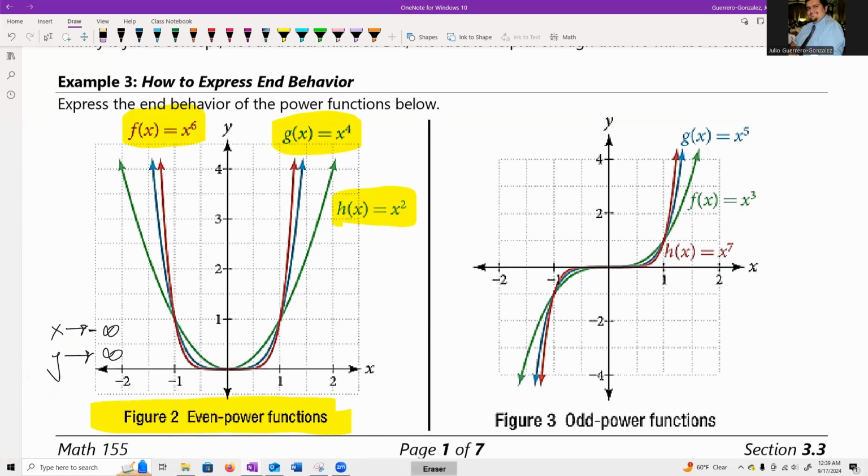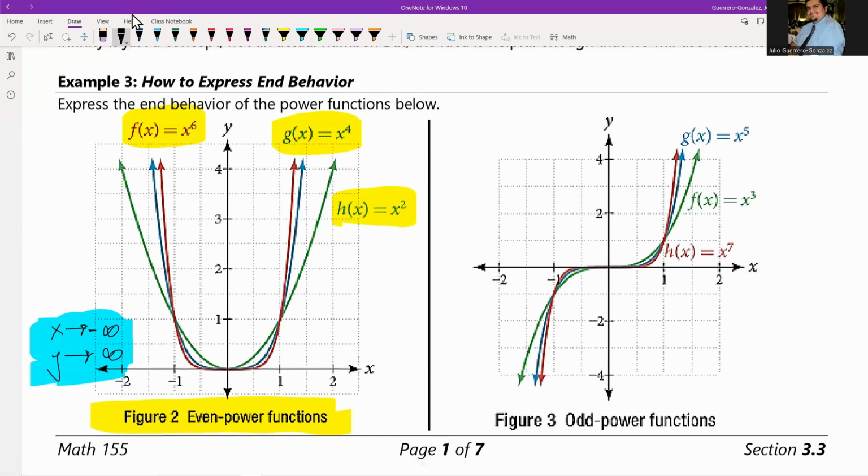Okay, so this is what we say to describe this end behavior for even power functions. Likewise, over here, we would say as x approaches positive infinity, as x approaches positive infinity, my y's approach infinity.